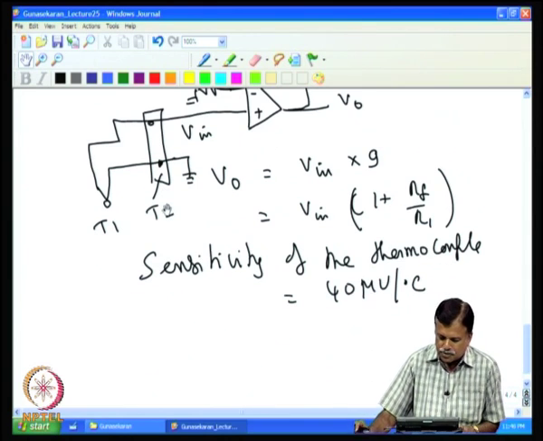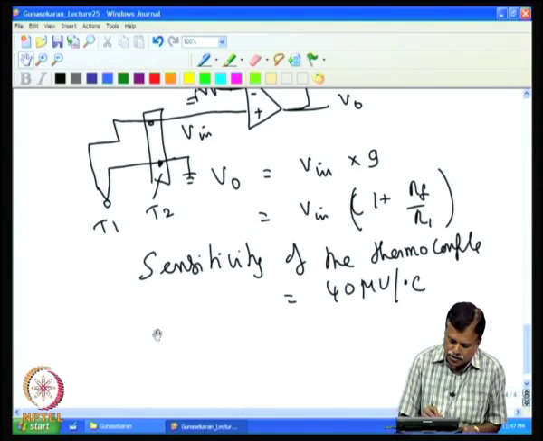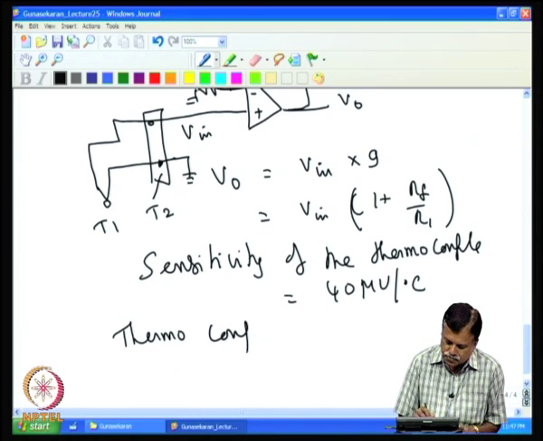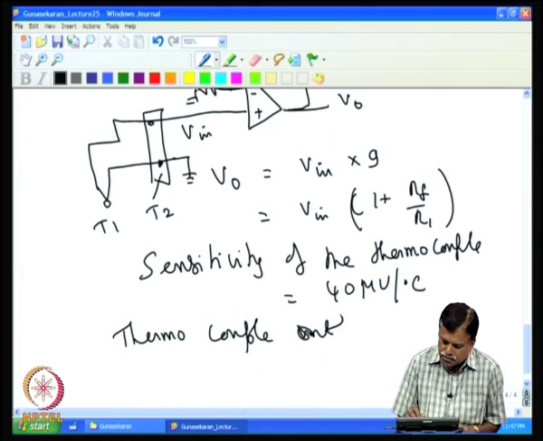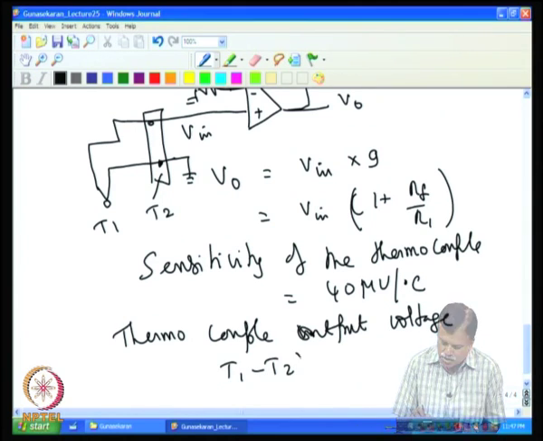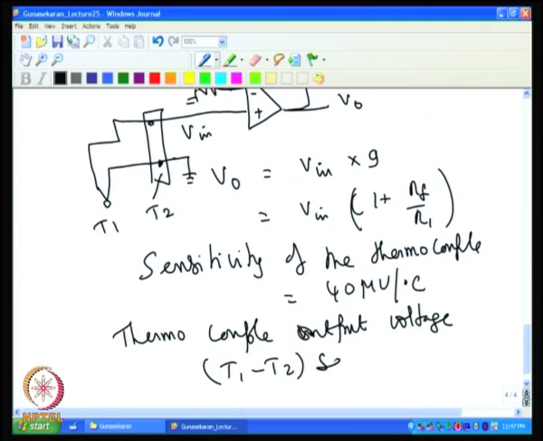So, the thermocouple output voltage is T1 minus T2 into sensitivity, that is V0.